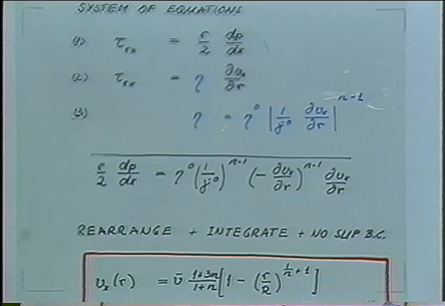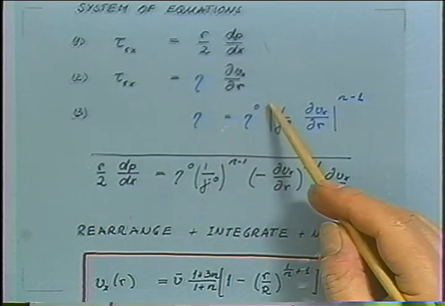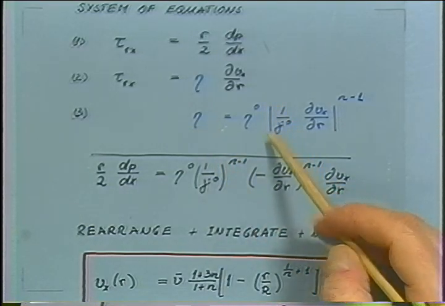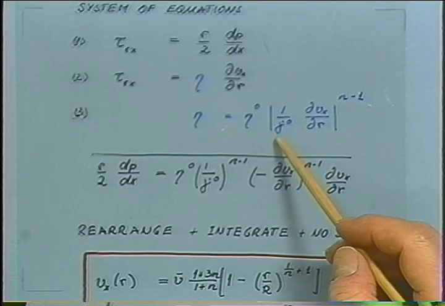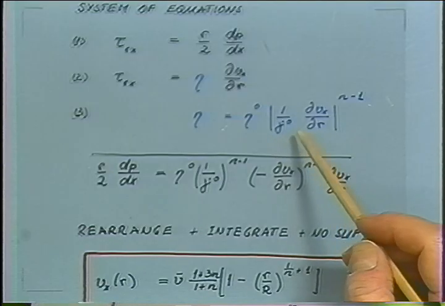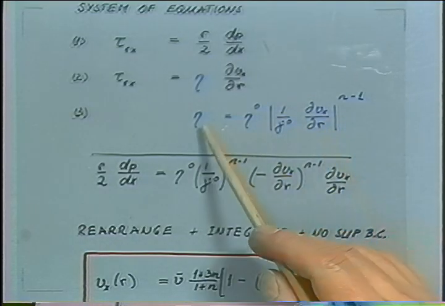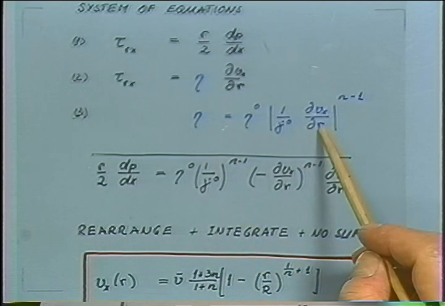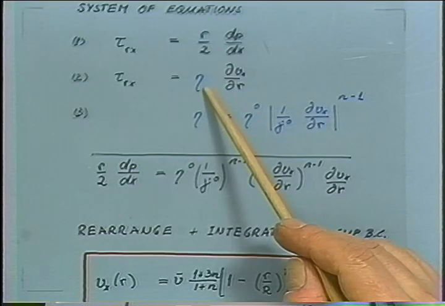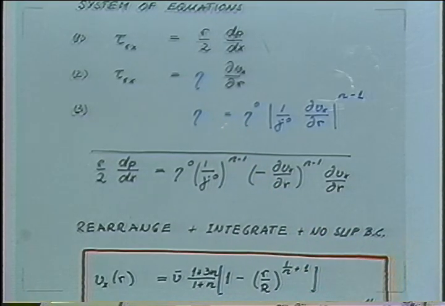The next problem to overcome is the following. The viscosity is shear rate dependent in a fashion where it doesn't matter whether you shear in positive direction or negative direction. It's basically the absolute value of the shear rate which determines the value of your viscosity. So we have to enter the absolute value here. The shear rate is given by the velocity gradient in our case.